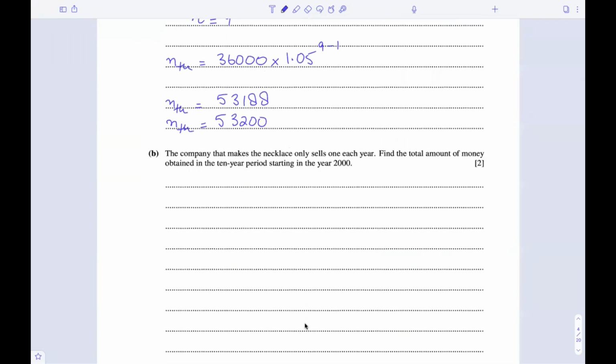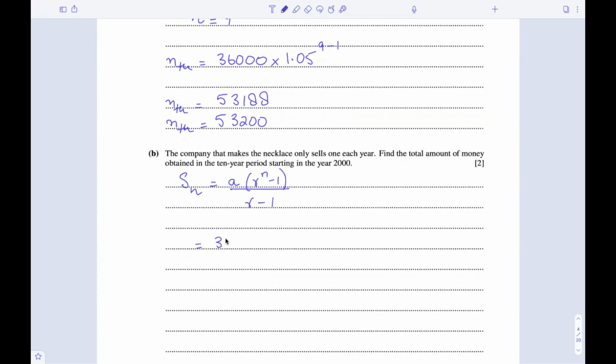In part B, we have to find the total amount of money in the 10-year period starting in the year 2000. So for the sum, we know that the formula is A into R to the power n minus 1 upon R minus 1.